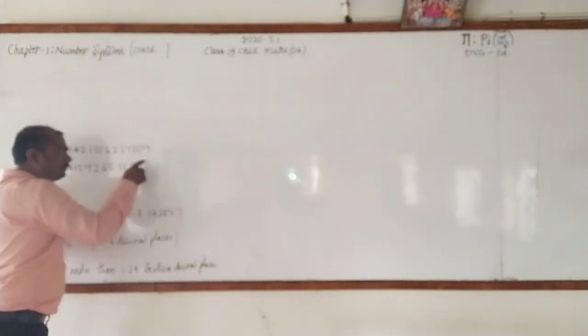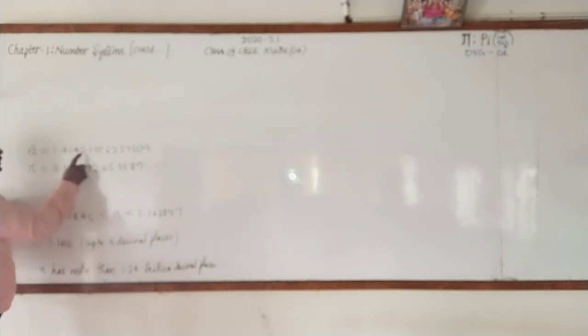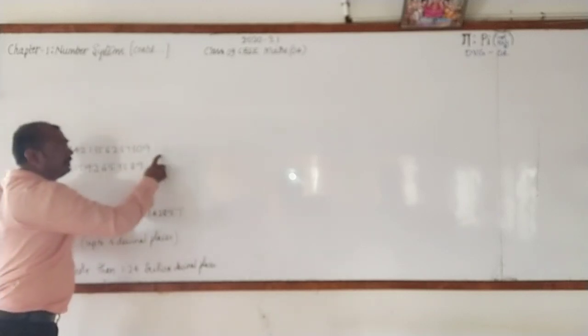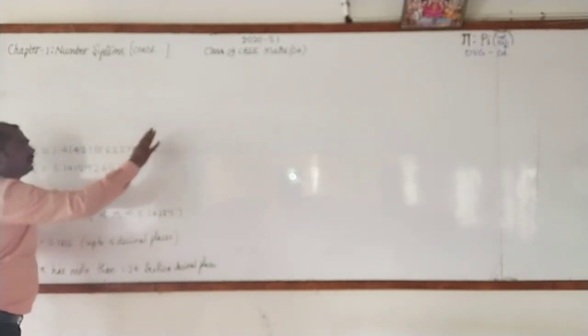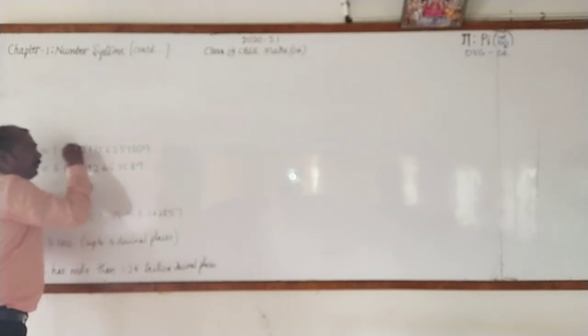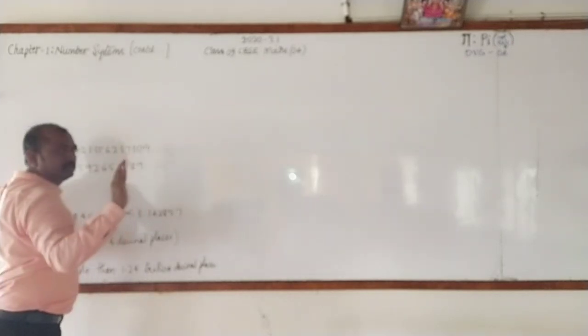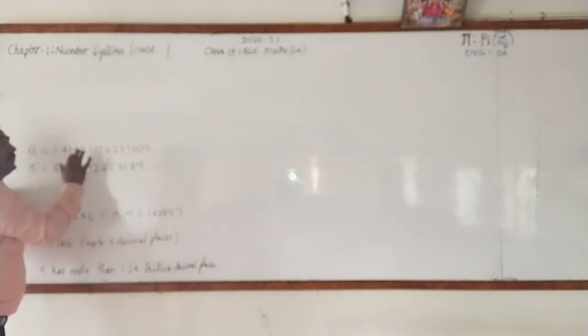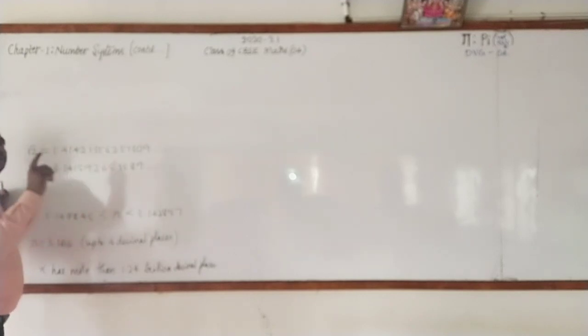Here, what type of decimal expansion are these two? To take our first one, it is non-terminating. There is no end at all, hence it is non-terminating. And whether any block is repeating, maybe consisting of 1 digit, 2 digits, 3 digits, no block is repeating. Then can we say that it is non-terminating, non-recurring?